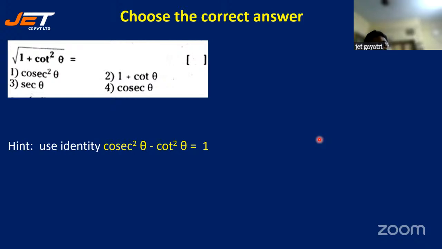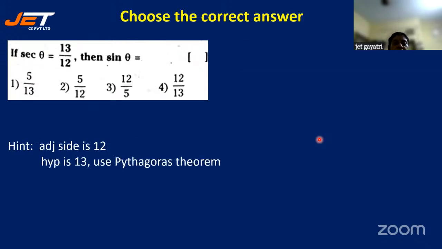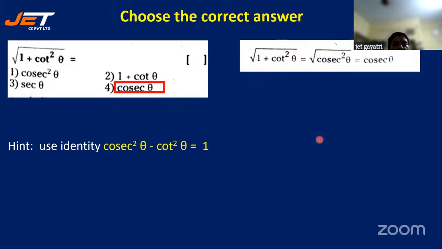Then 1 plus cot square theta is equal to cosecant square theta minus cot square theta plus cot square theta. You have plus cot square theta and minus cot square theta, so it gets cancelled. So you get root of cosecant square theta.